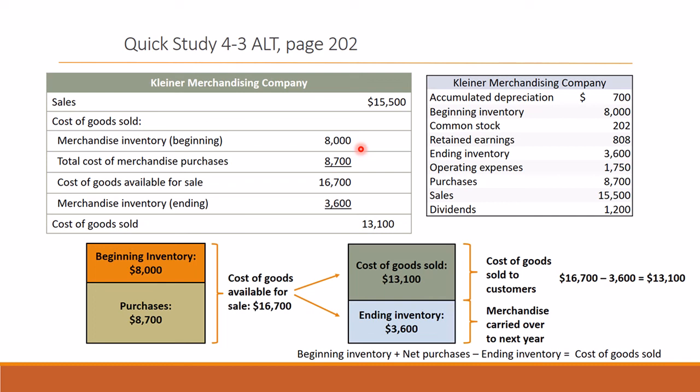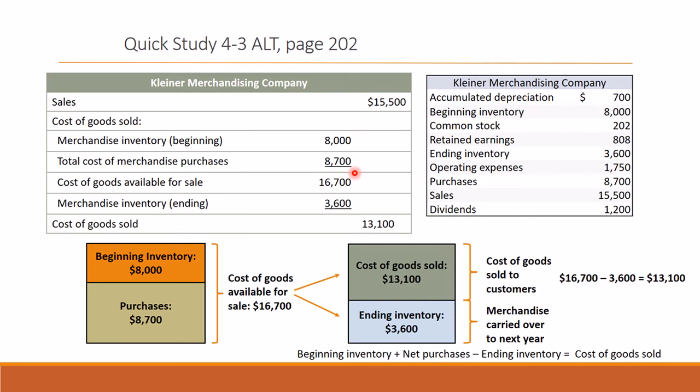Beginning inventory of 8,000. Purchases of 8,700 gives me cost of goods available for sale, not sold, but available for sale of 16,700 minus my ending inventory of 3,600 equals my cost of goods sold of 13,100. Now, I'm already calculating some of the amounts I need later in this particular problem, but don't get too excited.